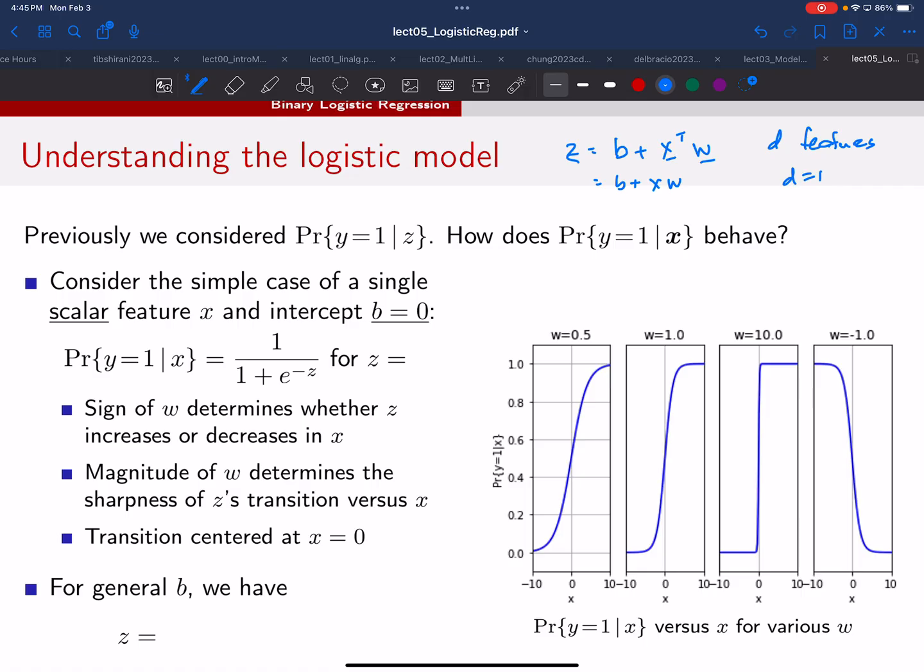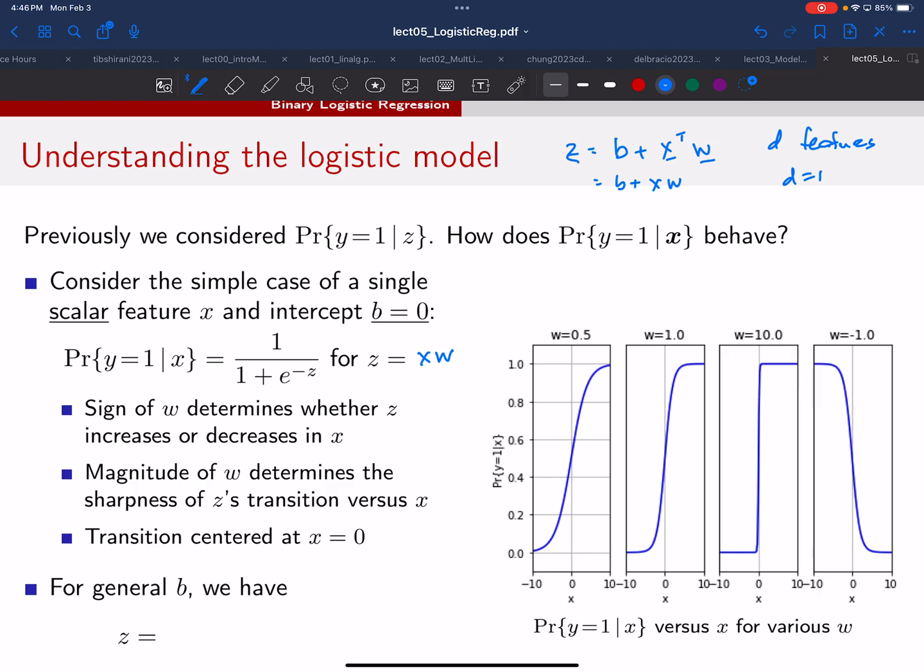So we're going to be looking at how this probability behaves as a function first of x. So let's just make things really simple and say that the intercept term is 0. In this case, z is just going to be x times w.